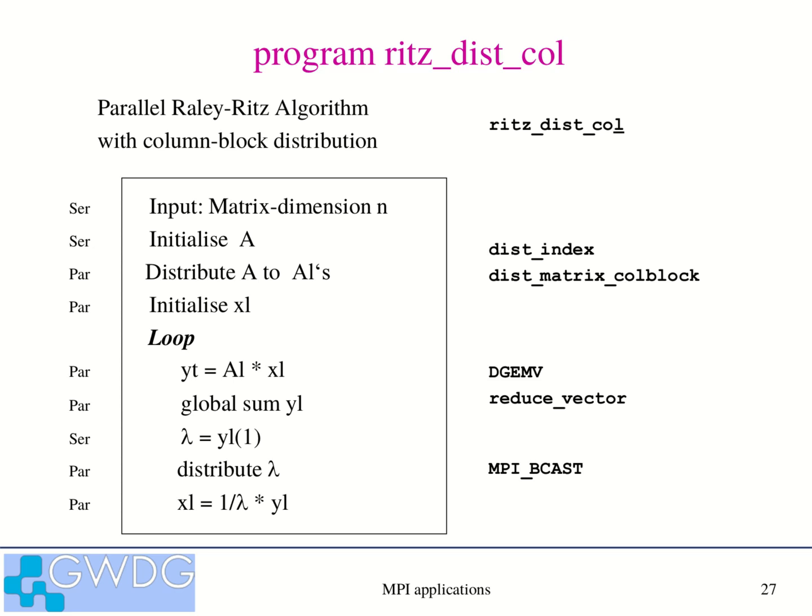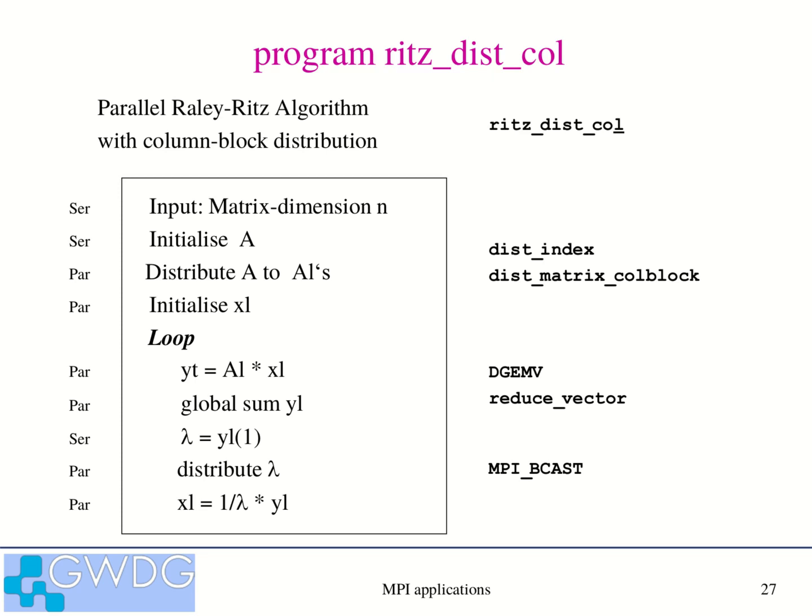And then you have to extract the approximation of the eigenvalue as the first element of the resulting total vector, which is here.